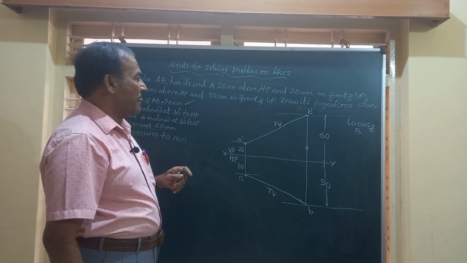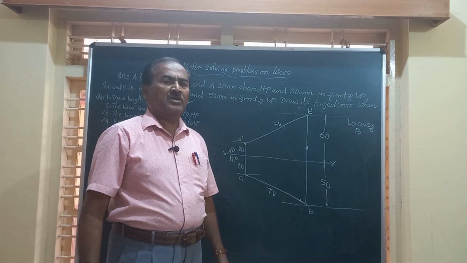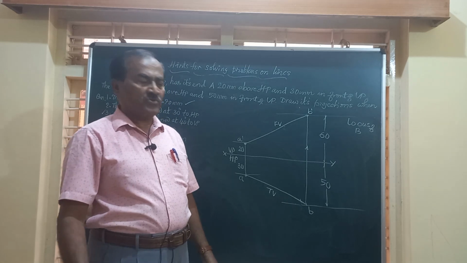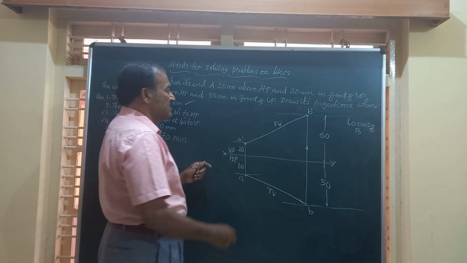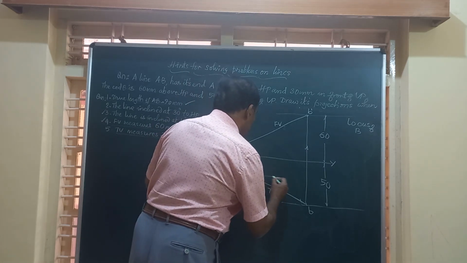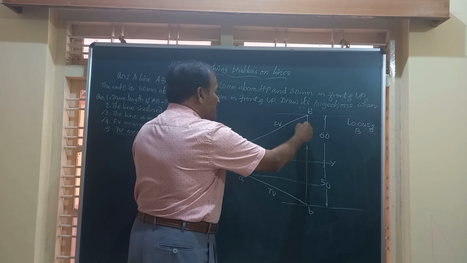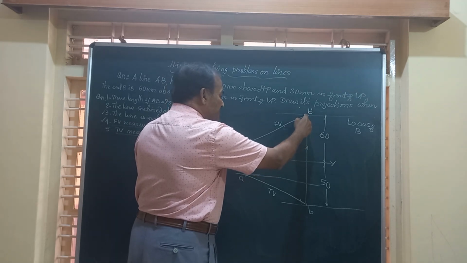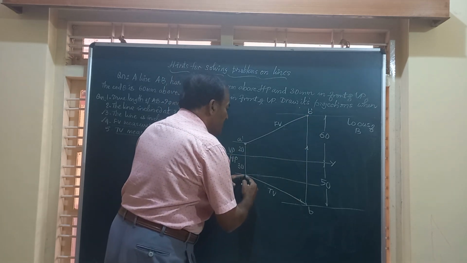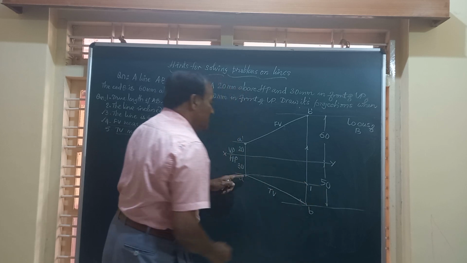Now friends, after getting this front view and top view, let us see how to obtain the true length of the line. Here it is very easy to obtain the true length. I will just draw a vertical line through this end B dash to cut the locus of B here at this point, say point number 1.